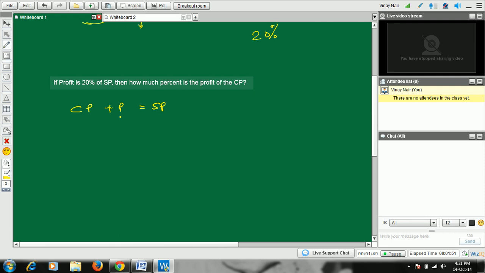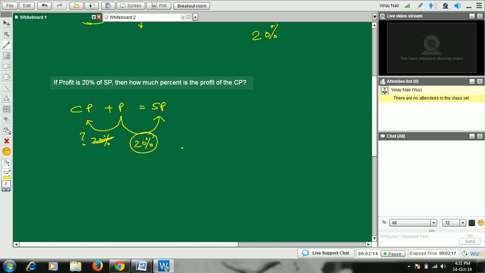It is given that profit is 20% of the selling price, and we calculate profit percentage on the cost price. So 20% on selling price is not 20% on cost price. If it is 20% on selling price, how much is it on the cost price?